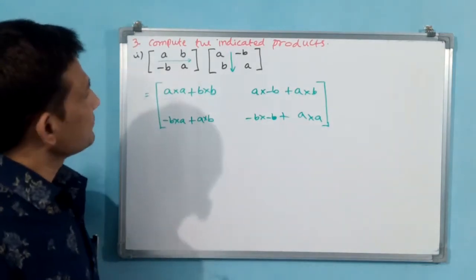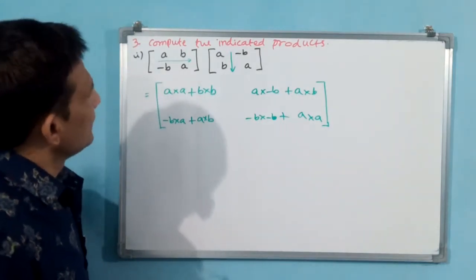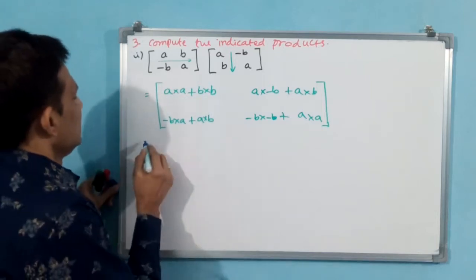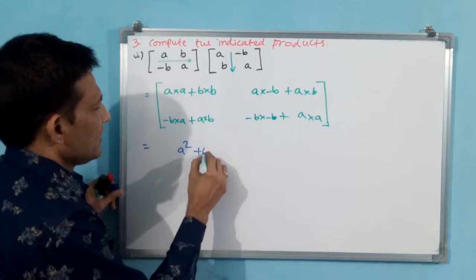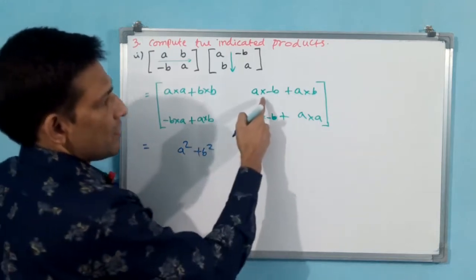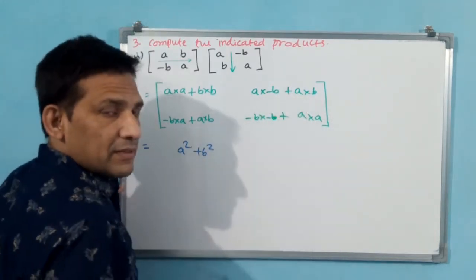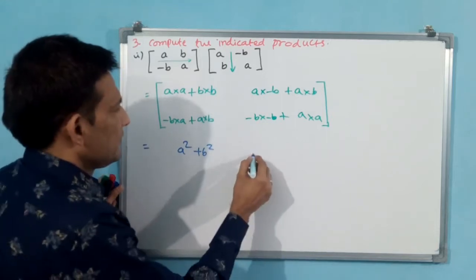See? A square plus B square, minus AB plus AB is 0.